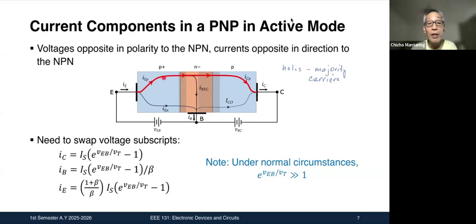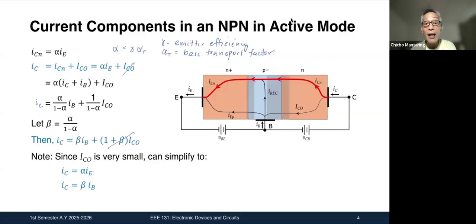Whatever the direction of the majority carrier, that is also the direction of the current flow. As opposed to the NPN, our majority carriers are actually flowing from your emitter to the collector. Remember, your majority carriers come from the emitter, which is why it is called the emitter, because it is where the carriers are emitted, and that's why you call it the collector, because that is what collects the carriers.